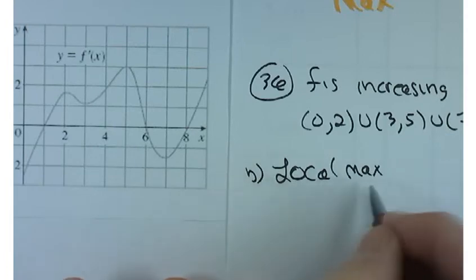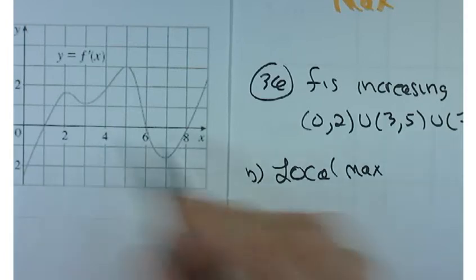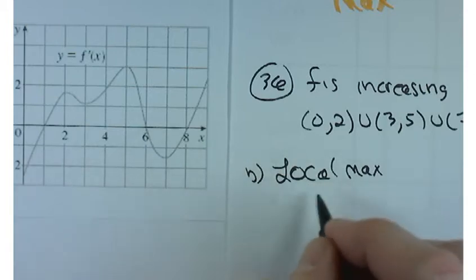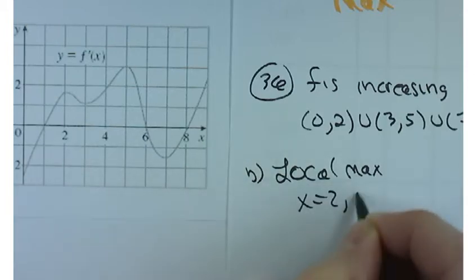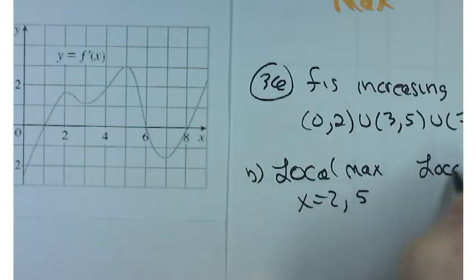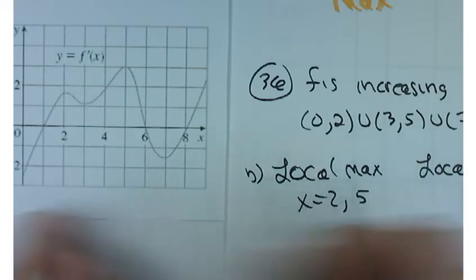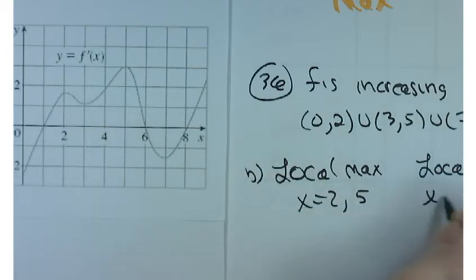This is part B. Local max would be at 2, and where else? x equals 2 and 5. We have a couple local mins: 3 and 7.